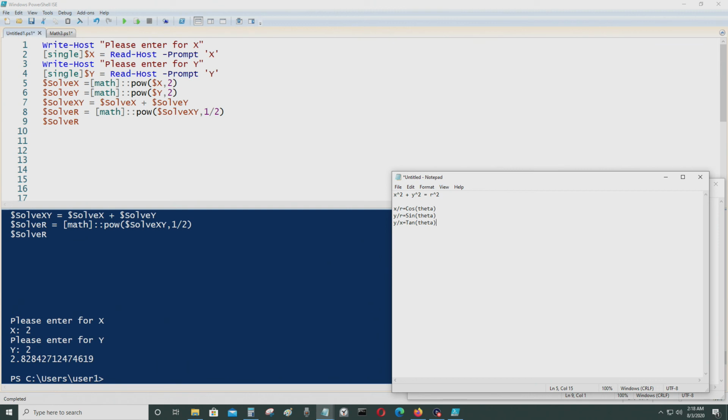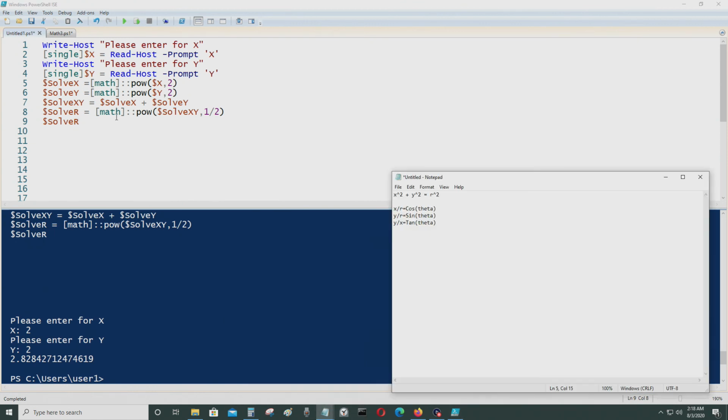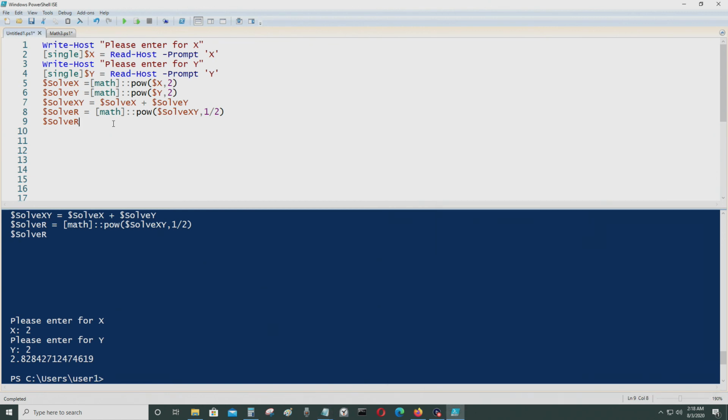Theta is an angle, so we could definitely solve more complicated equations with this, but I think you'll have to use if and else if statements to do that, and I'll cover that next time.